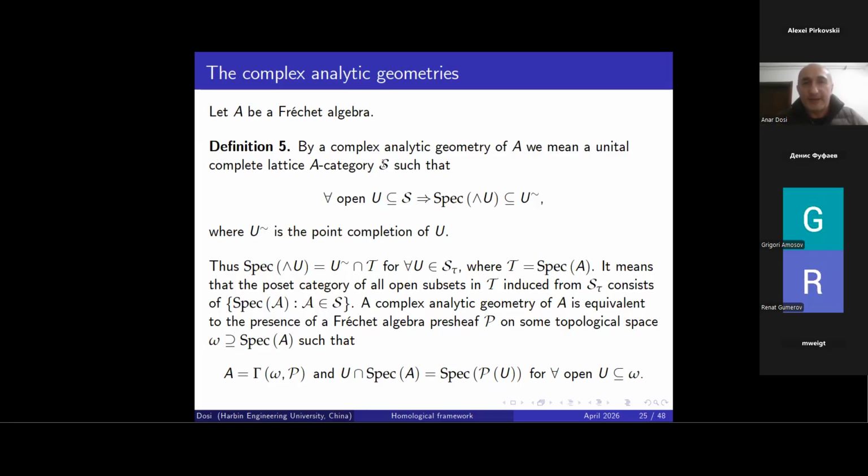Look, by complex analytic geometry, we mean a unital complete lattice A category such that for every open set, the spectrum of the infimum is exactly the point completion. This means the spectrum of the infimum should be just the intersection of the point completion to trivial modules for every open set. Yeah, this condition is quite natural, and that's enough for me to deal with the geometry.